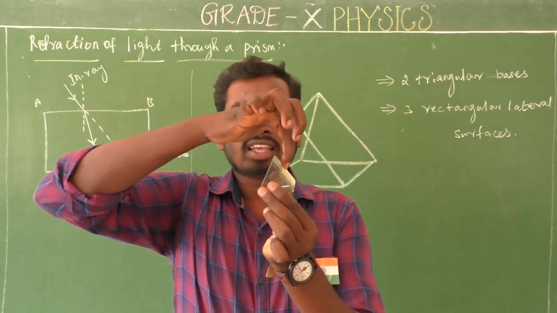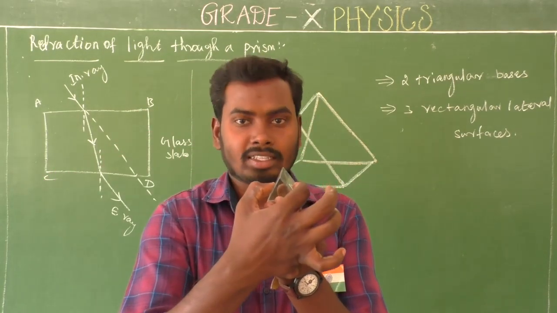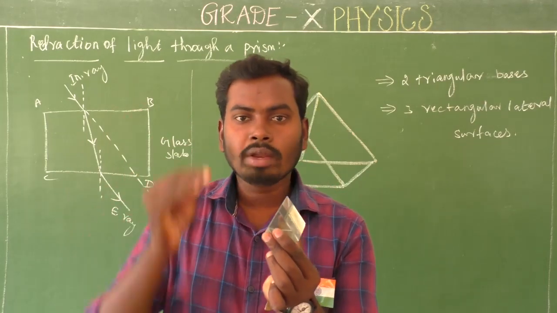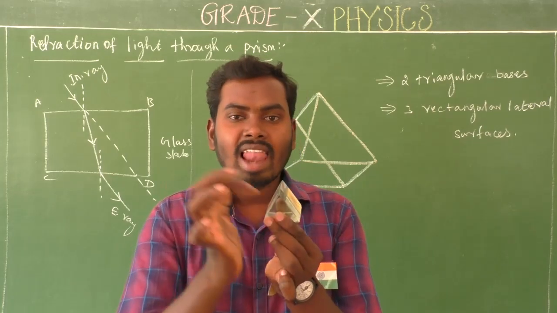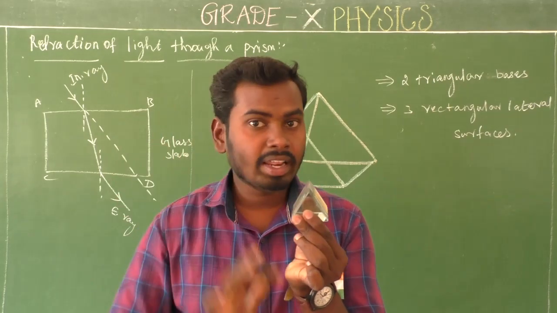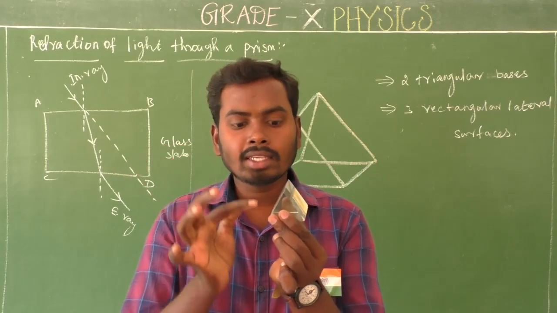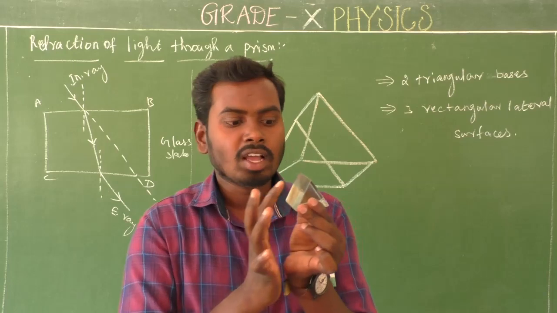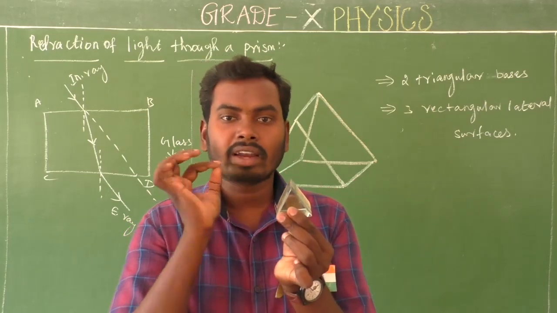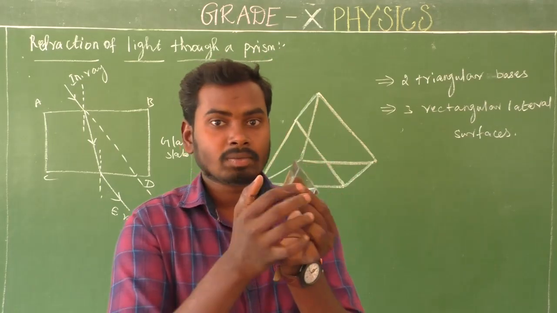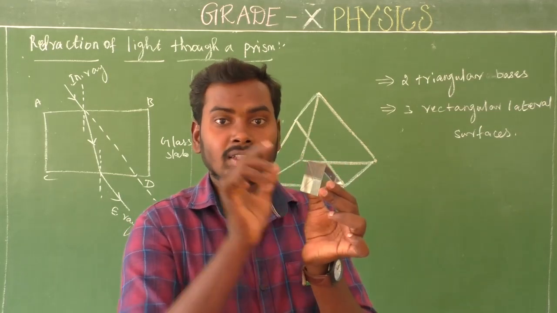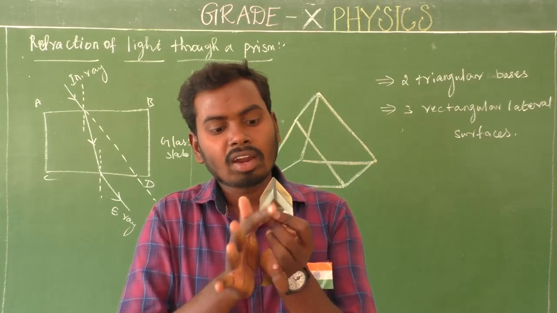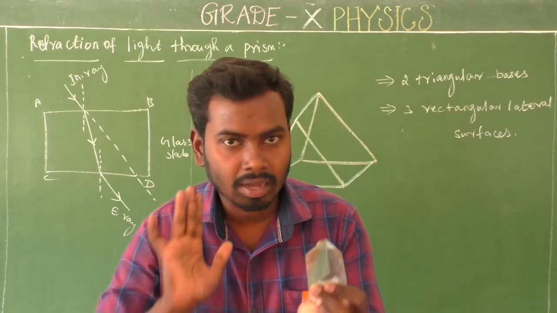This side and this side are going to act as refracting surfaces. Refraction is going to take place only at the lateral surfaces of the glass prism, which means the rectangular lateral surfaces, not at the ends, which means the triangular bases. Only the rectangular lateral surfaces. Is it clear? Very simple.